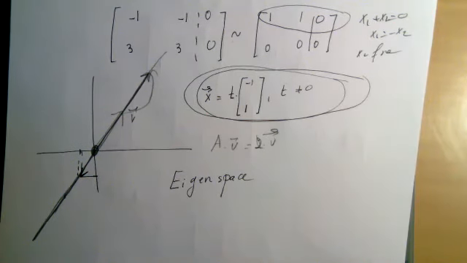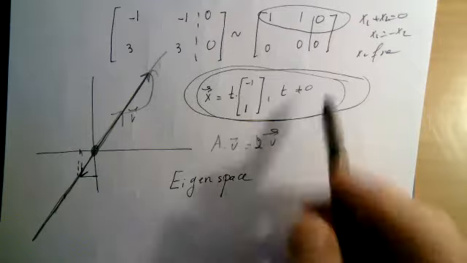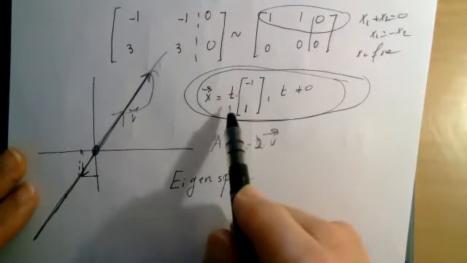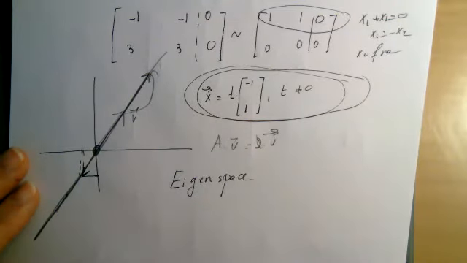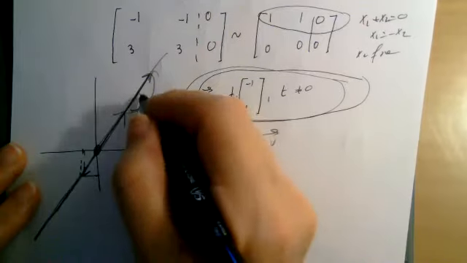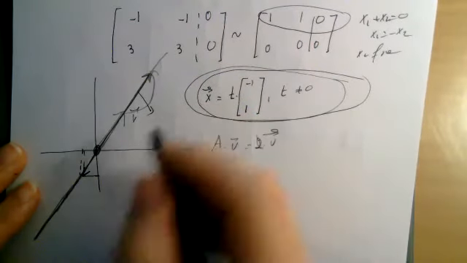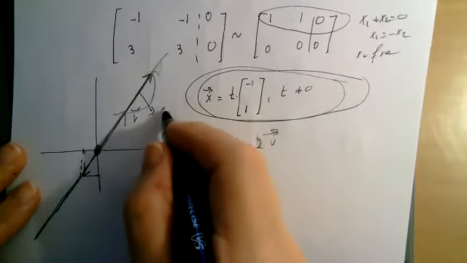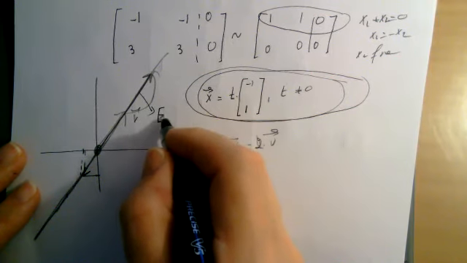So eigenspace is the collection of all the eigenvectors that correspond to a specific eigenvalue. So we're gonna call this the eigenspace that corresponds to lambda equal to 2, and we will use the following notation.